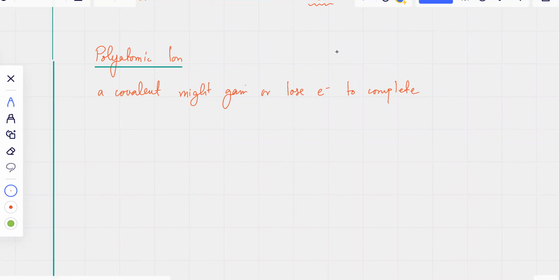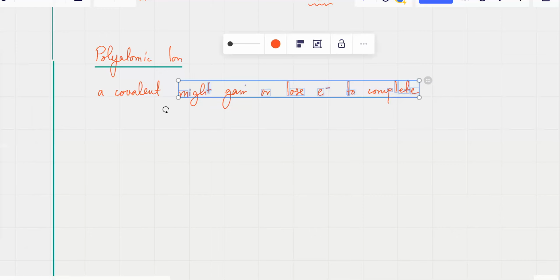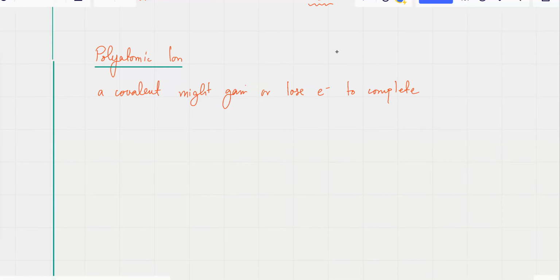Sometimes a covalent molecule might end up gaining or losing electrons to complete its outer shell. So I'll give you an example. Now I told you that covalent molecules, they don't usually have a charge because no one is gaining or losing electrons.